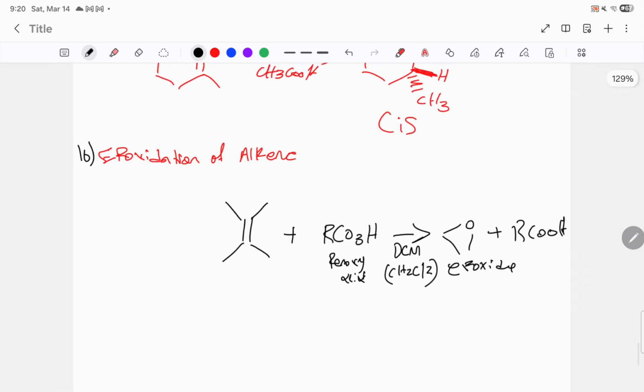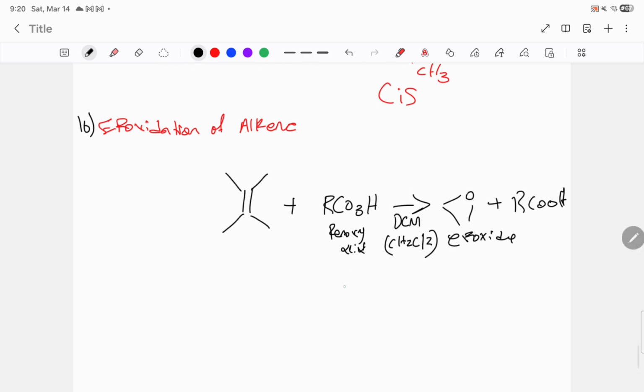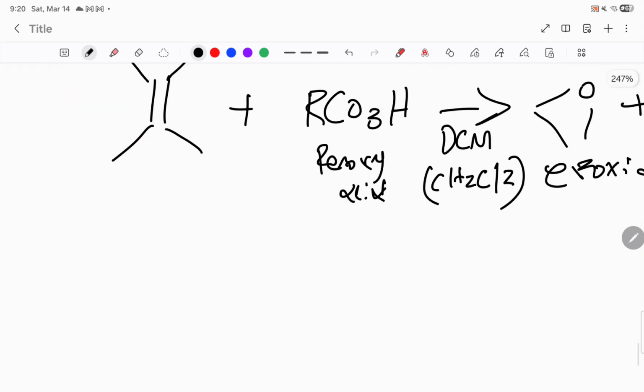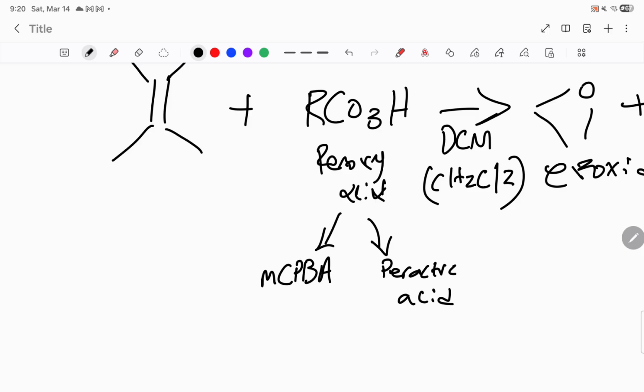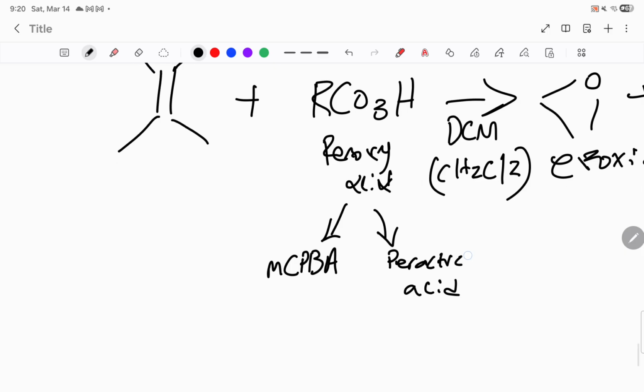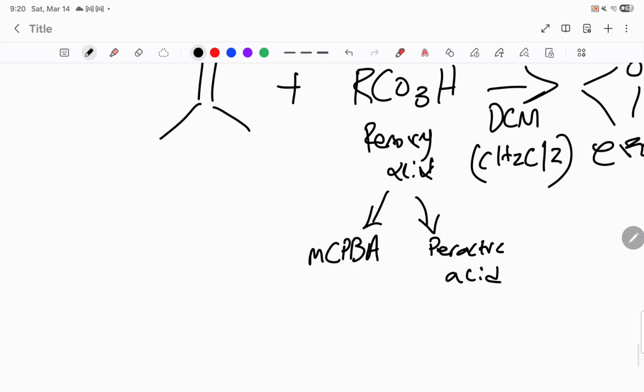Amazing. So what kind of peroxy acid do you use? There's two that you can really use. One of them is called MCPBA, and the other is peracetic acid. MCPBA stands for metachloroperoxybenzoic acid.